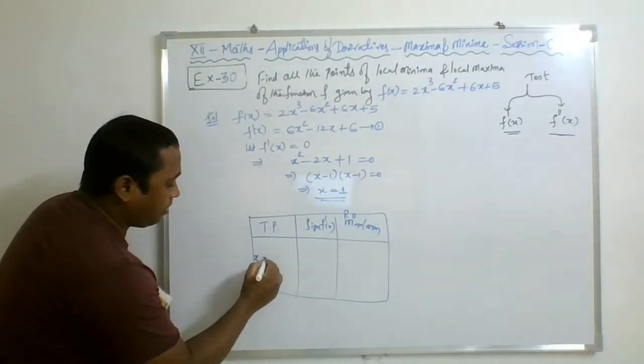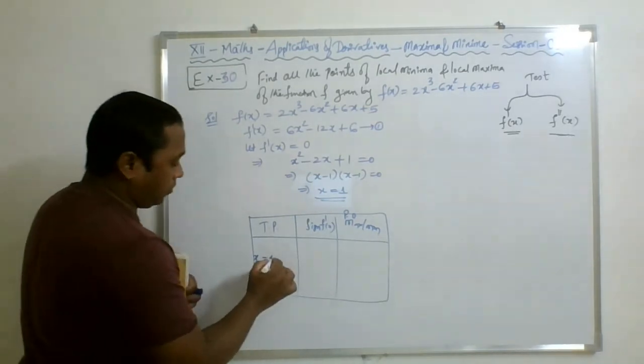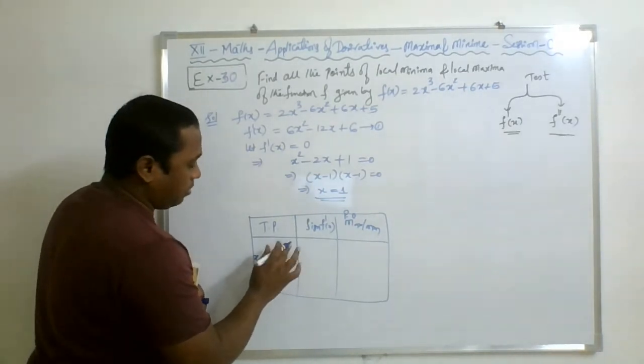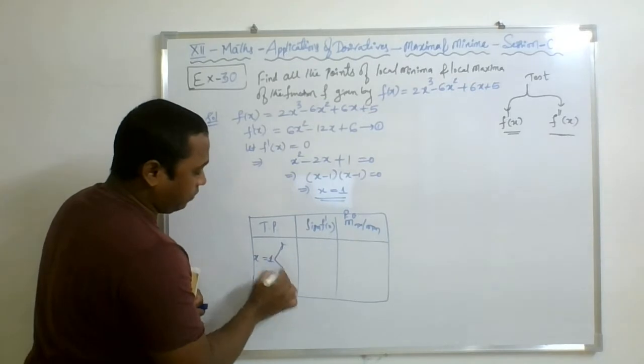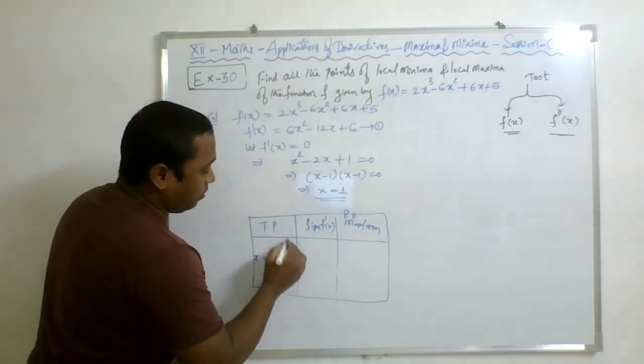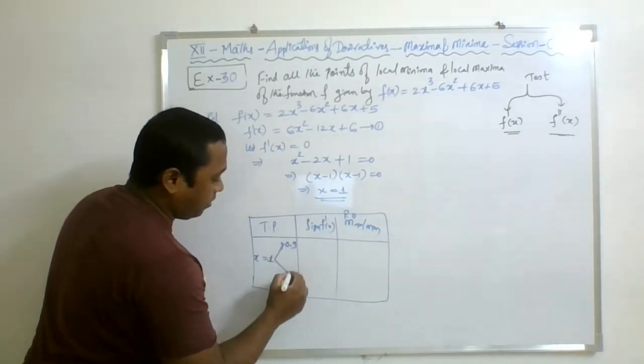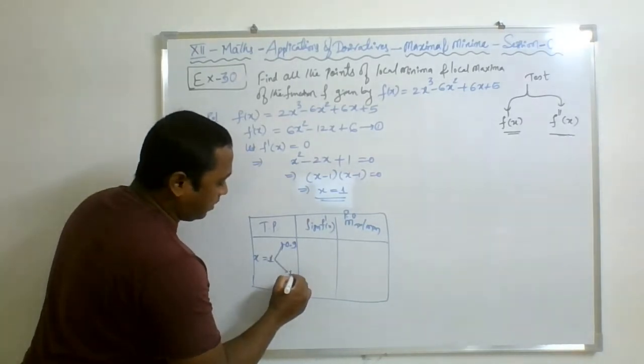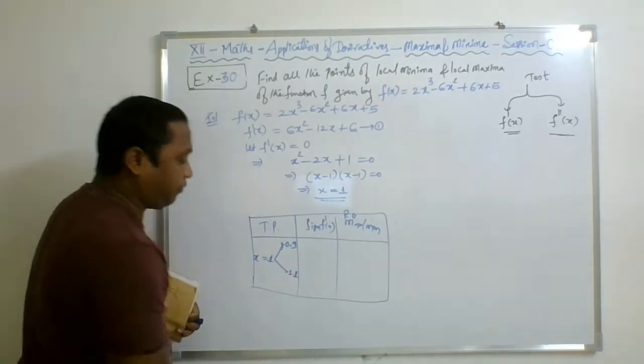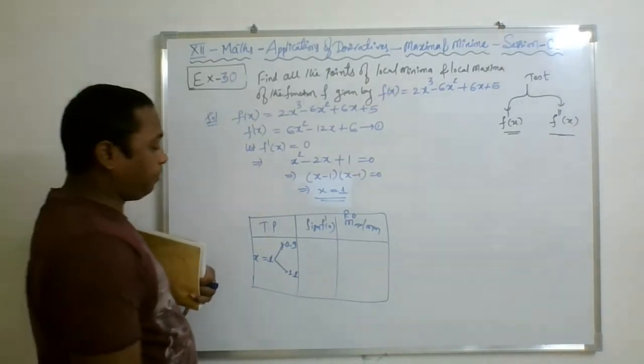So for x equal to 1, we take 0.9 on the left side and 1.1 on the right. Close points you need to take.